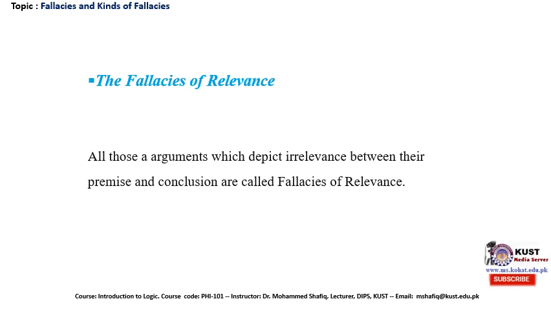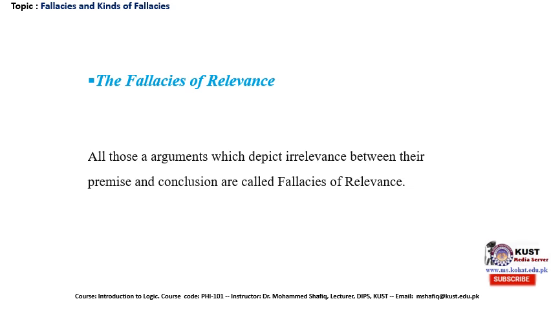When the premise claims something else and the conclusion says something else. Fallacies of relevance are the most numerous and very common and frequently used. In these fallacies, the premises of the argument are simply not relevant to the conclusion. However, because they are made to appear to be relevant, they may deceive us.